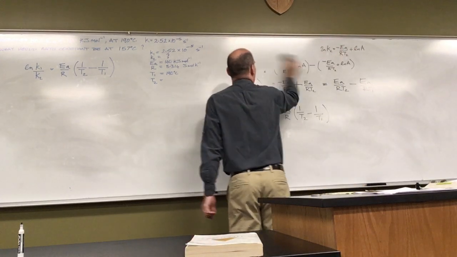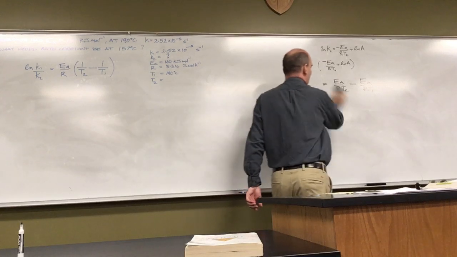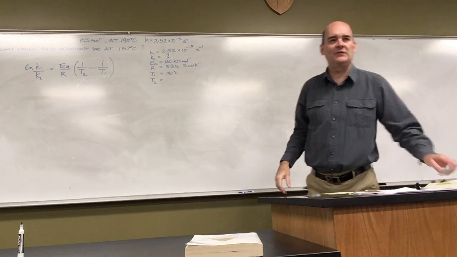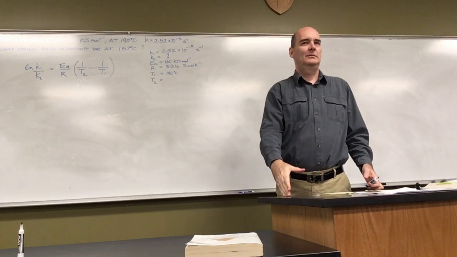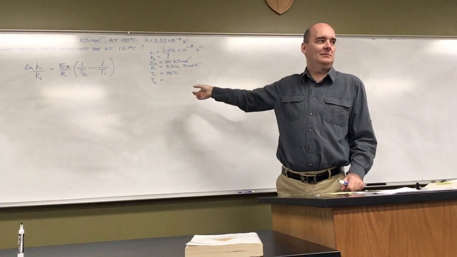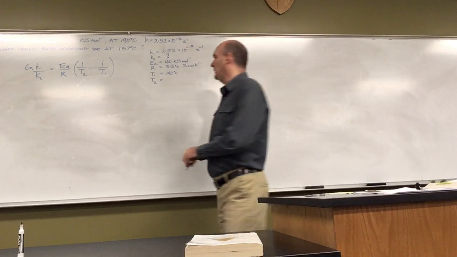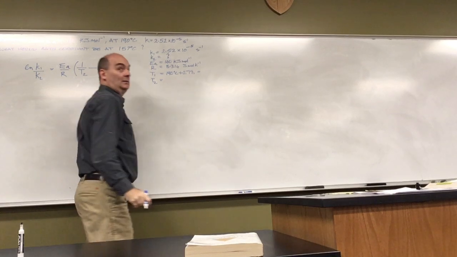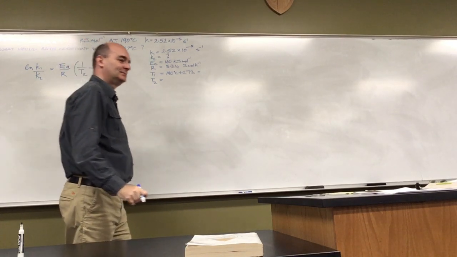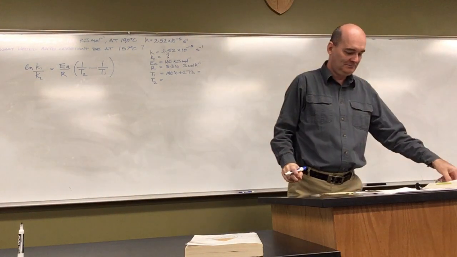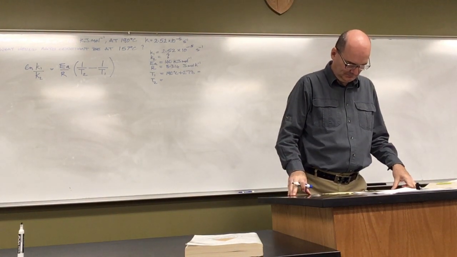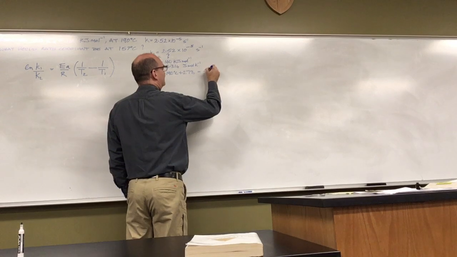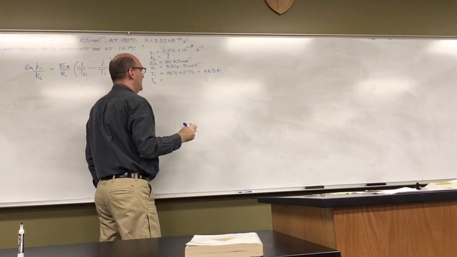So, what's my conversion factor to turn Celsius into Kelvin? I'm going to add 273.15. Don't have enough precision to worry about the decimal after that. So plus 273 equals, that's 463 Kelvin.